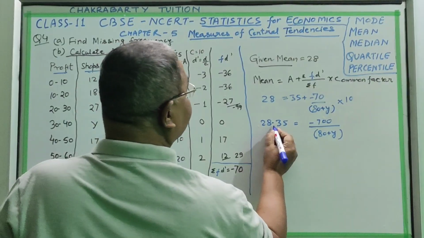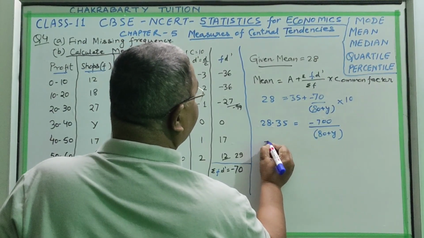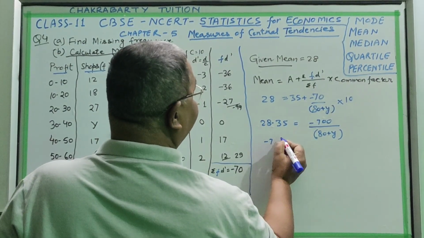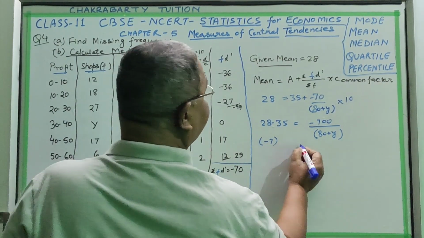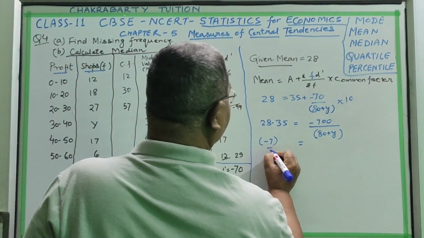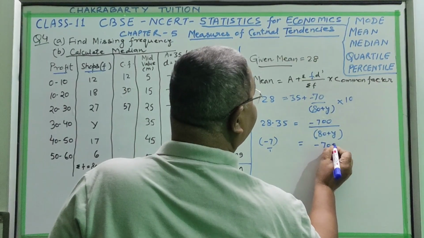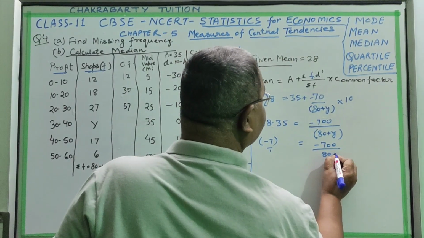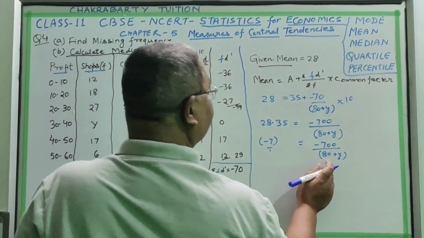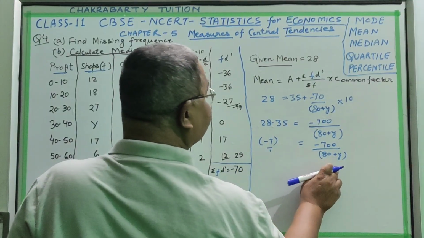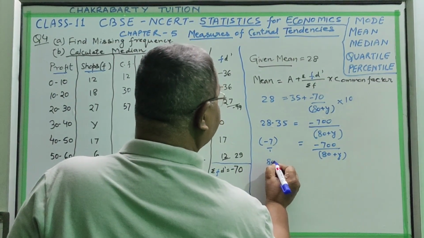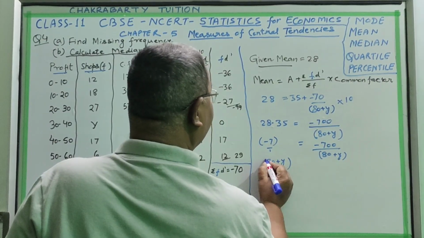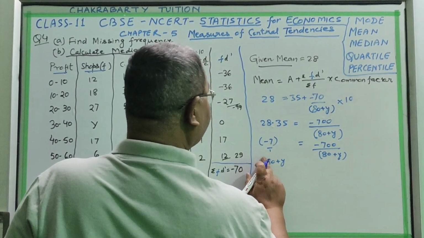Now here 35 is higher, so minus 7 will come here, and minus 7 is coming here. So you can put 1 here, minus 700 upon 80 plus y. Now what we will do, we will transpose this to this side and this to here. So 80 plus y we will transpose to this side, okay?